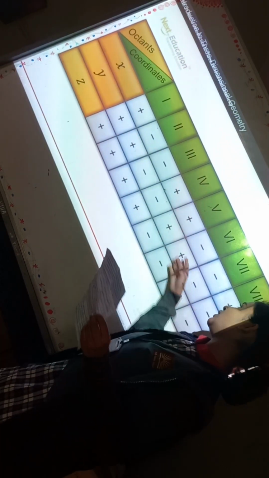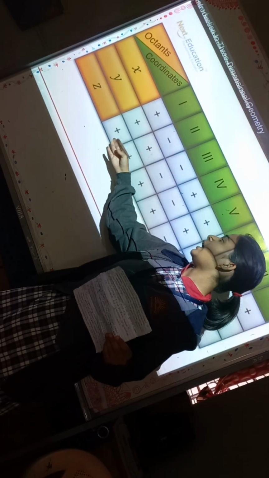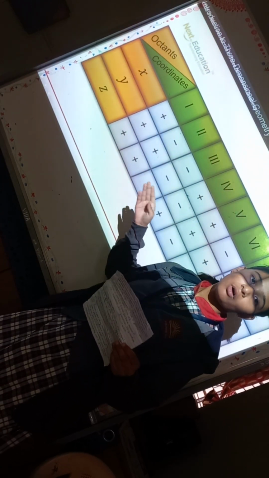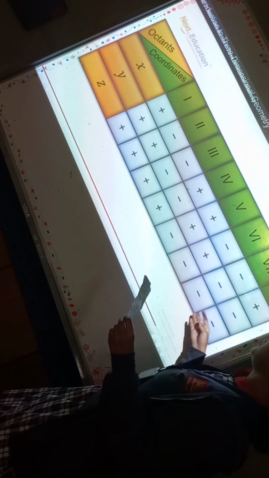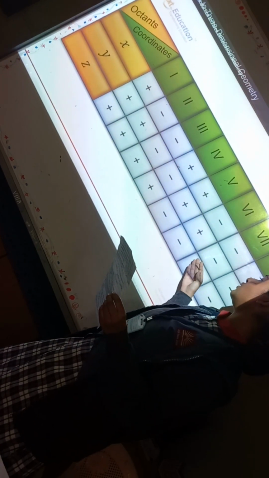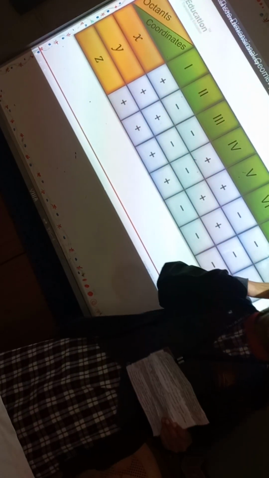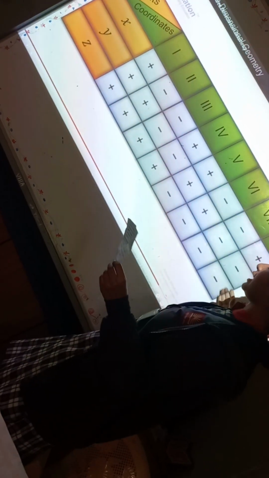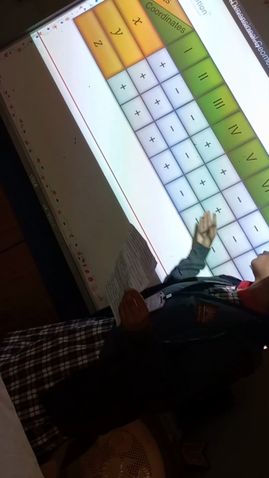Now we will attach positive to the first 4 quadrants, which will give the signs of the coordinates in the first 4 octants. Now we will attach negative in the second half. This will give the signs of the coordinates in the next 4 octants.